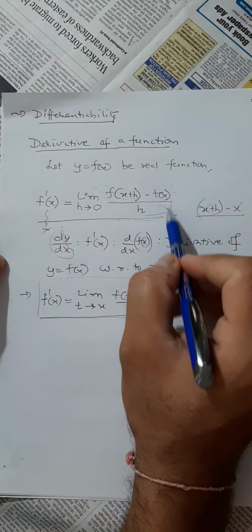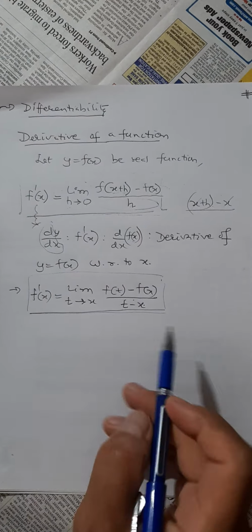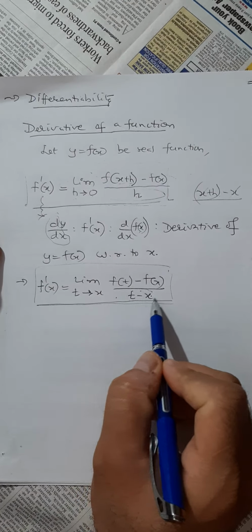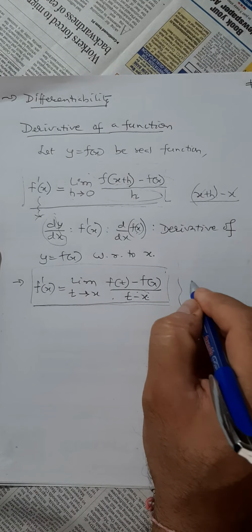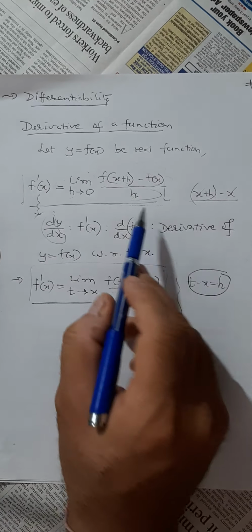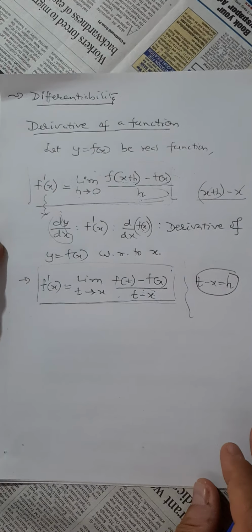One is this, the other one is this. This is the t formula, this is the h formula, remember. If you take t minus x equals h, you will get exactly this formula. So this is just a different way of writing, both are the same.